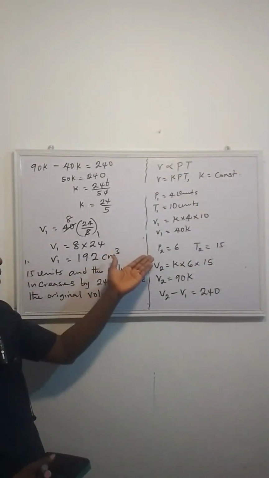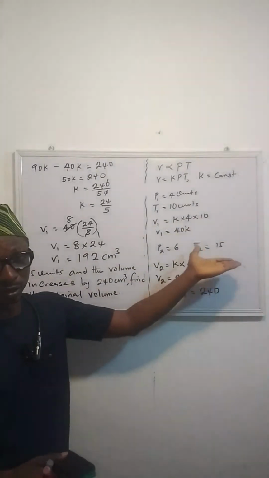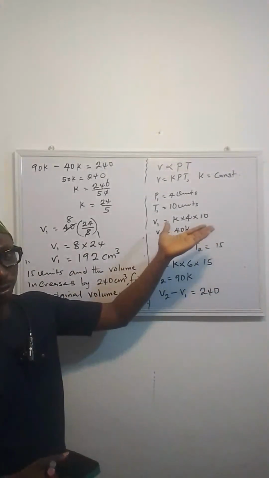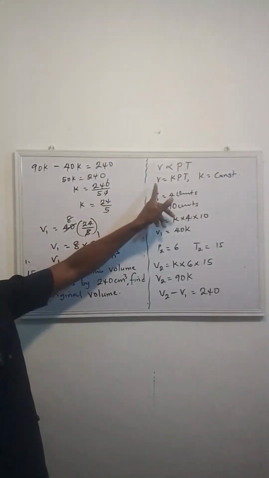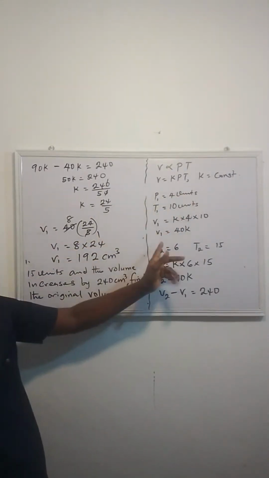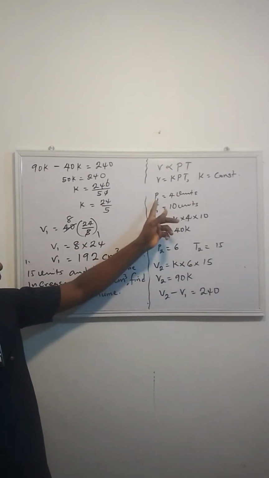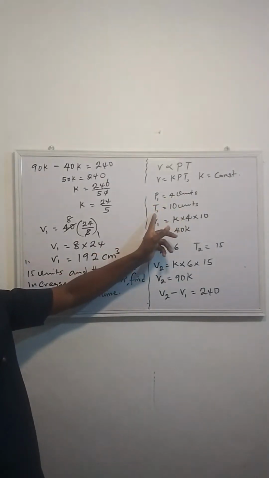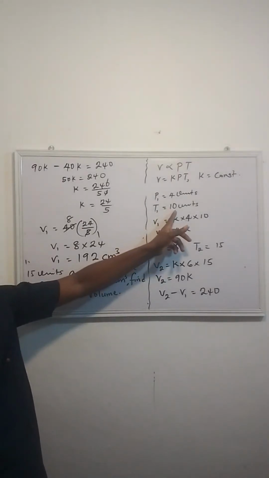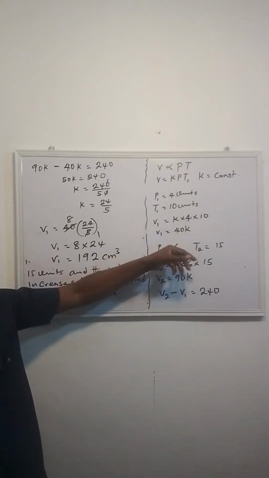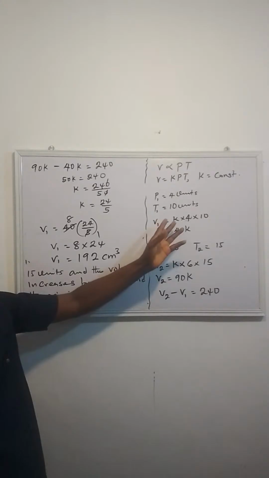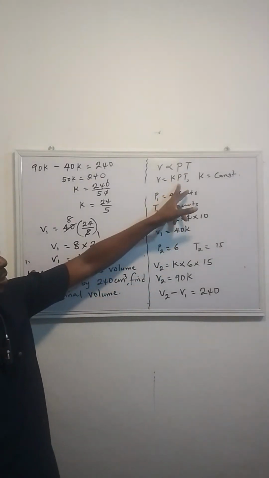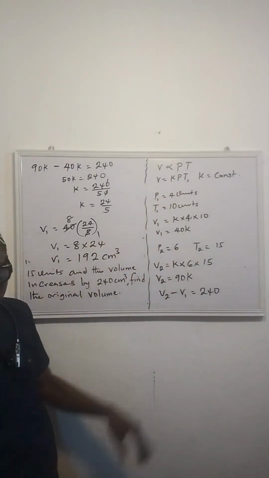So we need to get the initial volume, which is the original volume. So we just plug into this equation, and that is how we arrive here. So we have the initial pressure to be 4 units, initial temperature to be 10 units. So we just plug in these values into this and we have this. So it's as simple as what we have there.